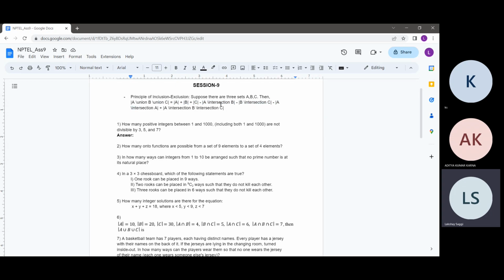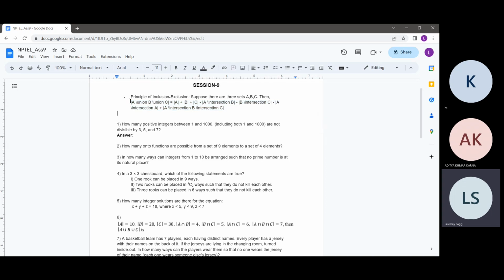But while subtracting them, we have doubly subtracted the A intersection B intersection C elements, so we just add them back. Fairly simple. You can just draw the Venn diagram and verify that this is the case.